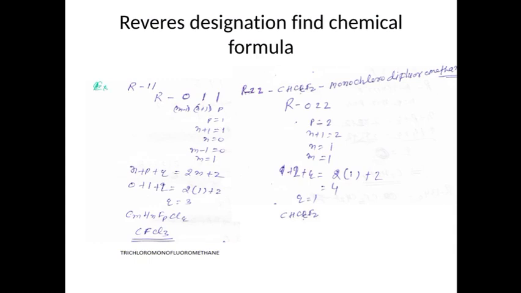Okay, so the formula becomes CHClF2. So what will be the name of this? There is 1 chlorine, so monochloro. There are 2 fluorine, so difluoro, and there is 1 carbon, so methane. So monochlorodifluoromethane. Okay, got it? Try some more examples from your book and practice that, so you will become much more familiar with how to name the refrigerant. Okay, let's see next.